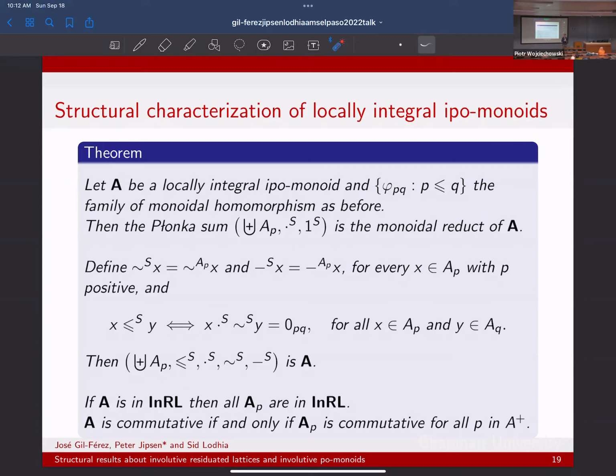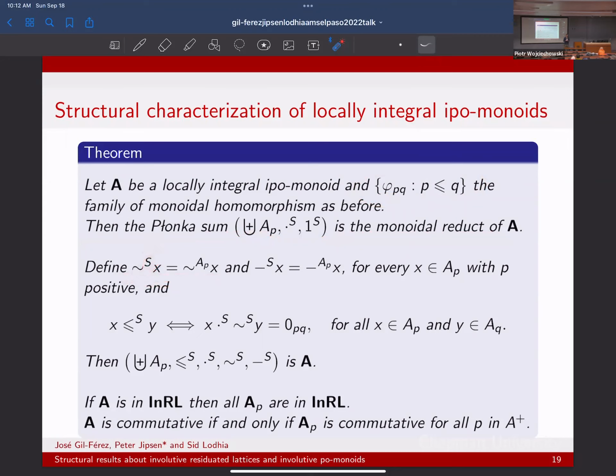So now we have the main theorem, the structural characterization. If you have a locally integral IPO monoid, and you have a family of monoidal homomorphisms as before, defined from the algebra A by multiplying by a positive element, those particular families phi sub PQ, and then you construct the Plonka sum over this family of compatible monoidal homomorphisms, then you can define the tilde on the whole structure.